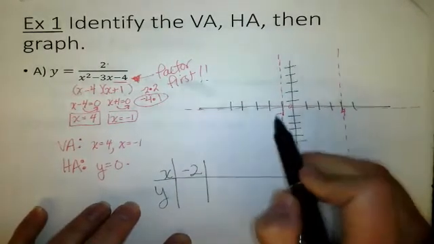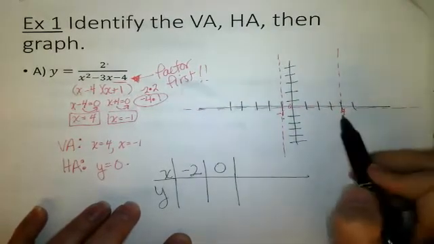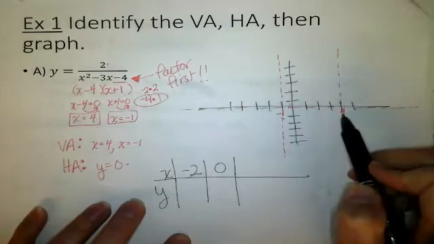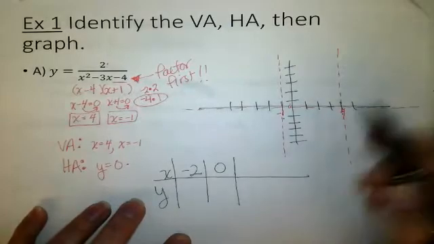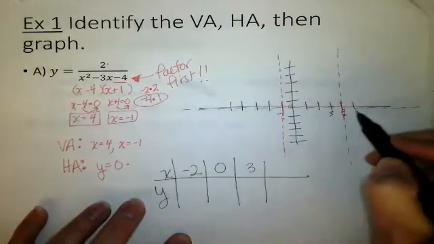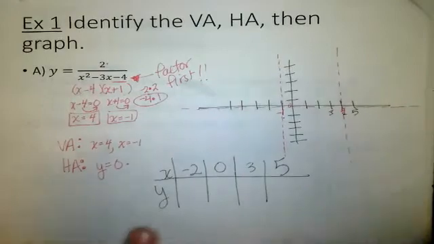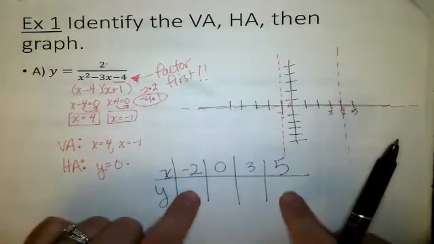That's a good number. What's to the right? 0. Here I am at 4. What's to the left? 3 is a great number. And what's to the right? 5.